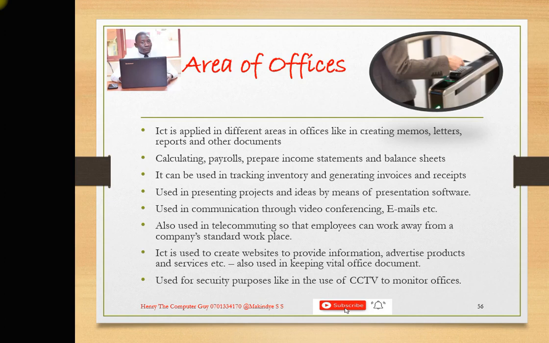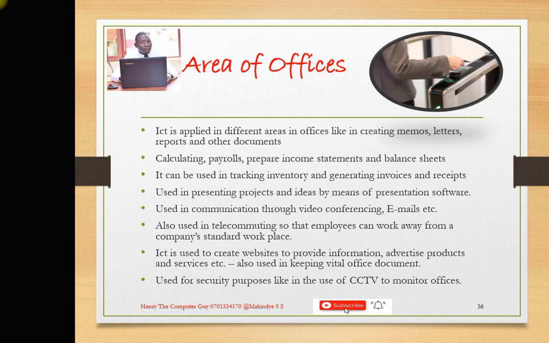Then if something gets lost, of course they will know where to begin from. When you install a camera there, it acts as a deterrent to crime. Someone will see a camera there, then will know that people are watching me, then will not do what they were supposed to do at that moment. It acts as something that can prevent someone from doing something bad.